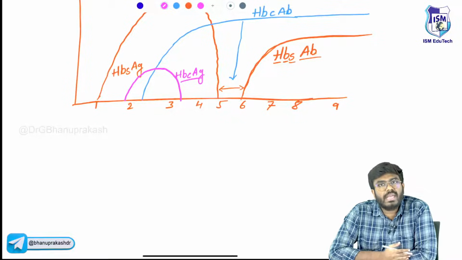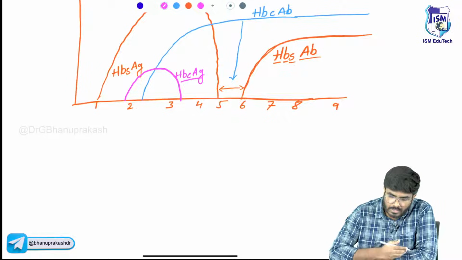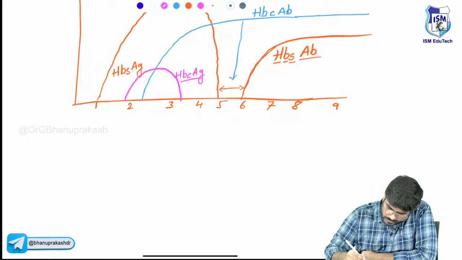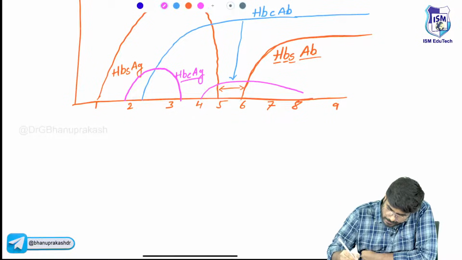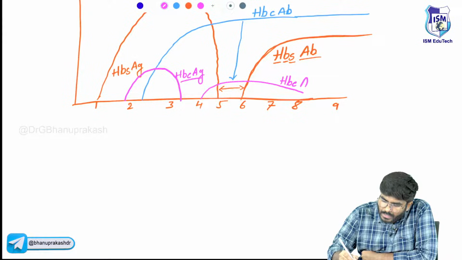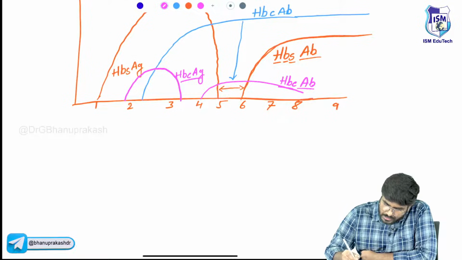When more hepatitis B E antigen is there in the blood, it indicates more infectivity. If it is coming down, it indicates less infectivity. Now, here look. What is this pink color thing that I have drawn? This is anti-hepatitis B E antibody. Hepatitis B E antibody is increasing and it's also coming down.